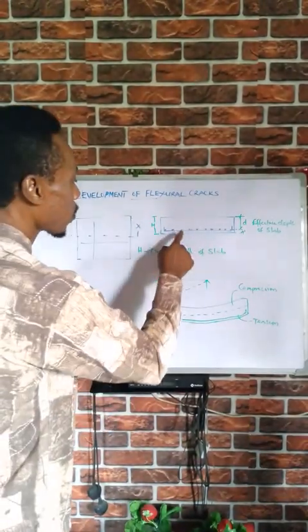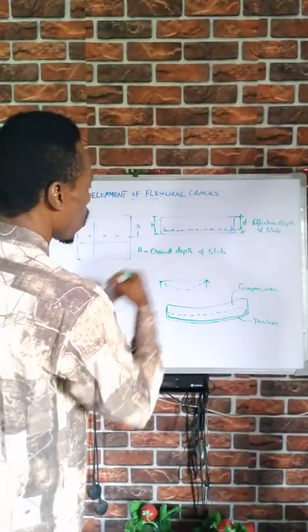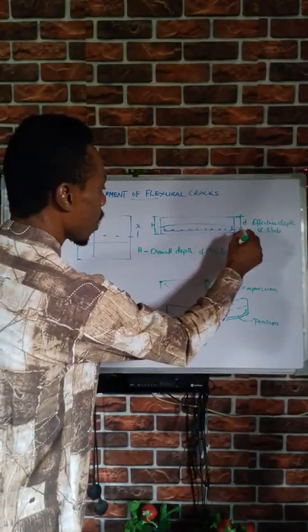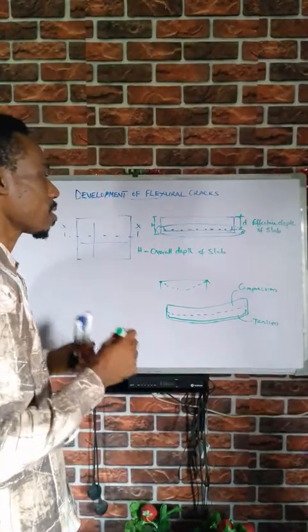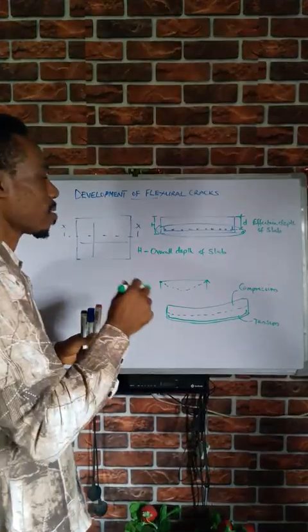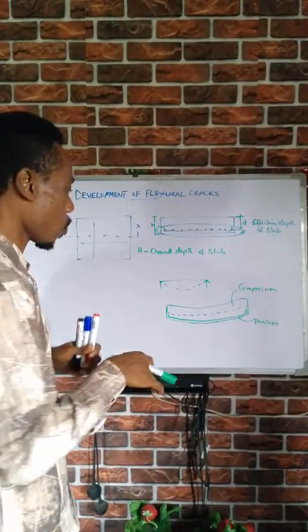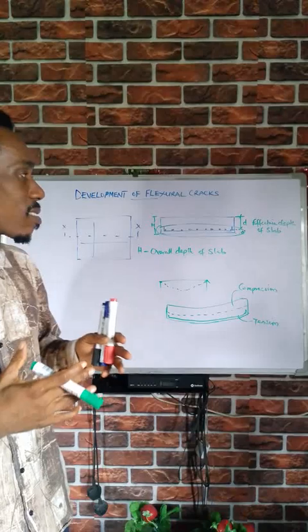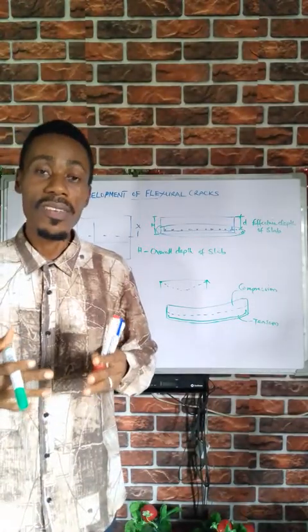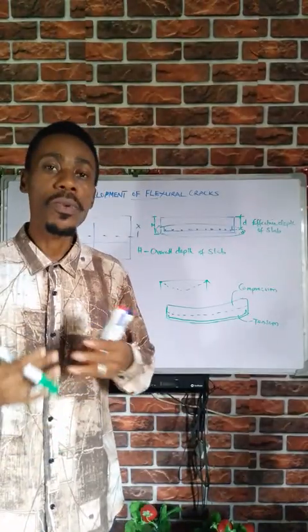A lot happens at this section of our slab, and that is where the strength of the slab lies. This is how, if these tensile stresses are exceeded, they tend to develop cracks in our slab.